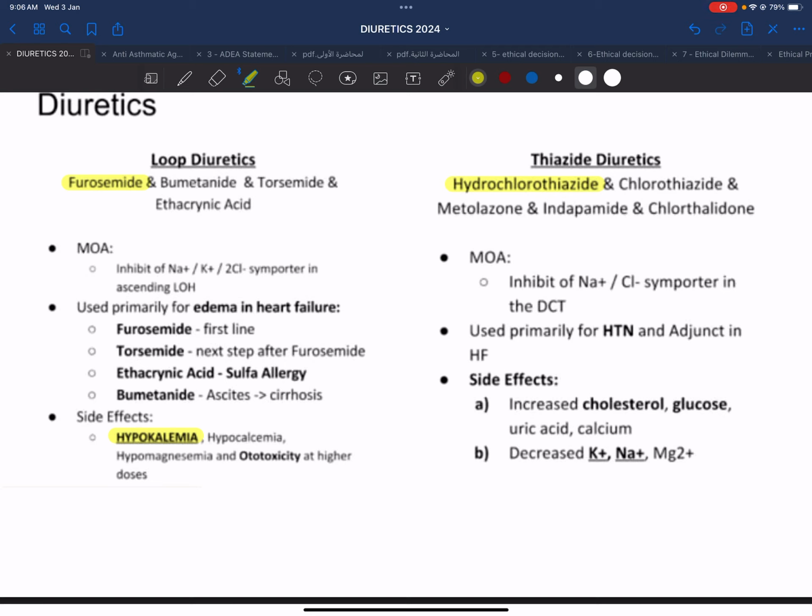Why is it important? Because thiazide is used for a longer duration. What I told you, you will see patients, they will tell you, I am using it for the last 20 years. The first thing that should come to your mind is that the patient is suffering from some cardiovascular problem. Because for routine practice, we don't use it for such a long duration.